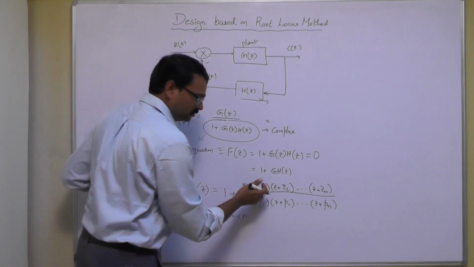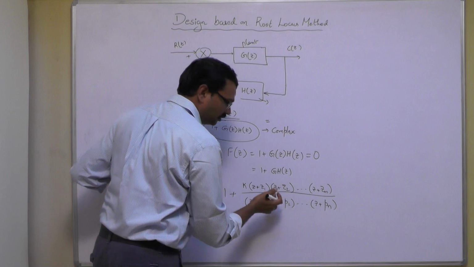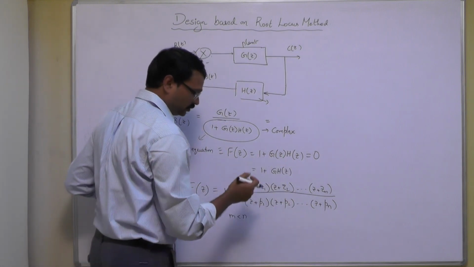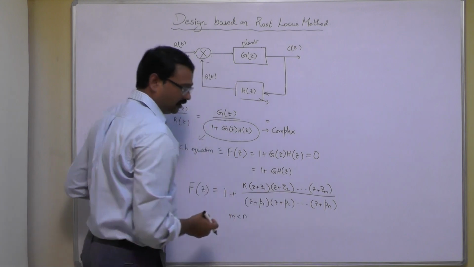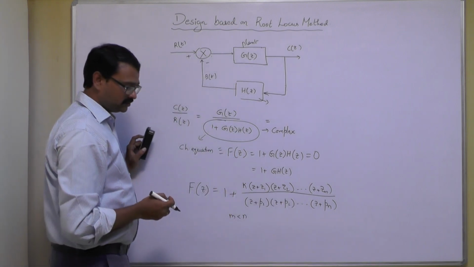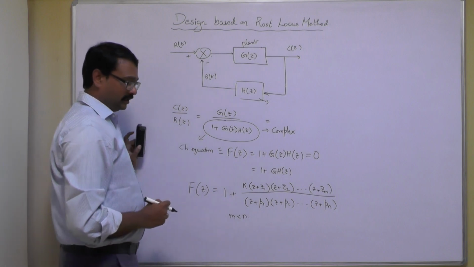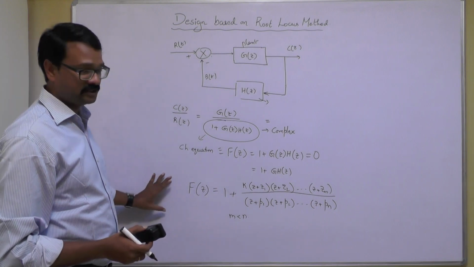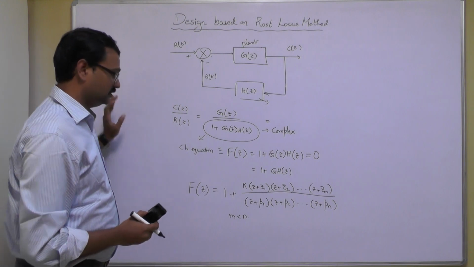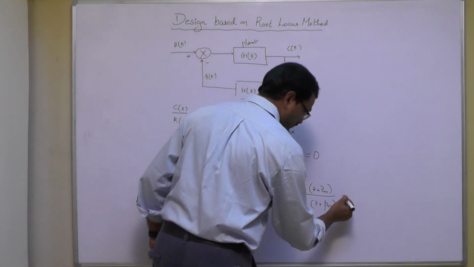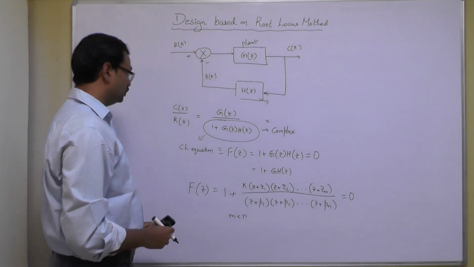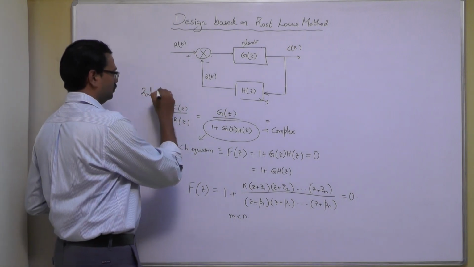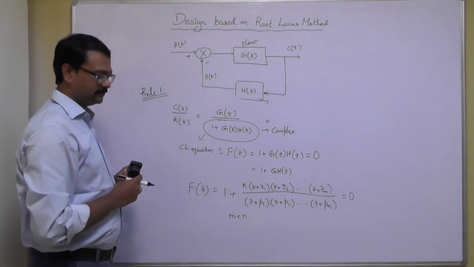All the zi are zeros, with i from 1 to m, and all the p are poles, with p from 1 to n, where m is less than n. This is the condition we have to consider for the transfer function or characteristic equation of the system. So this is rule 1 of the root locus method.